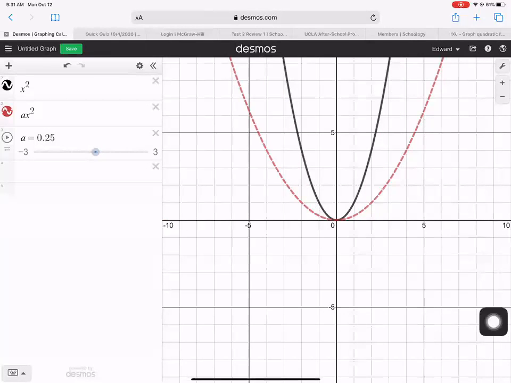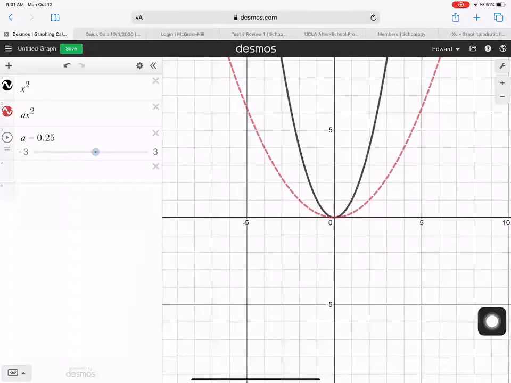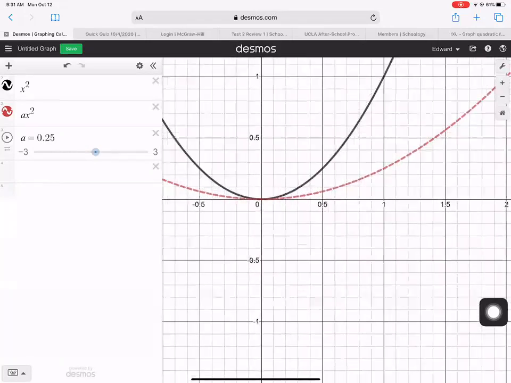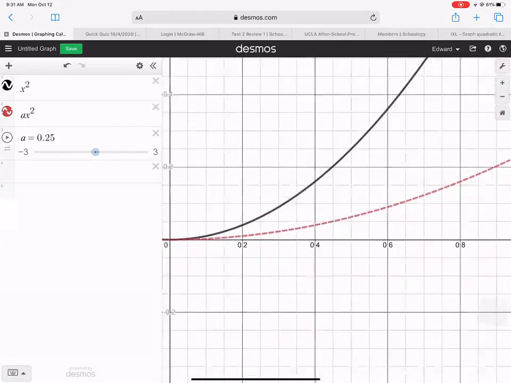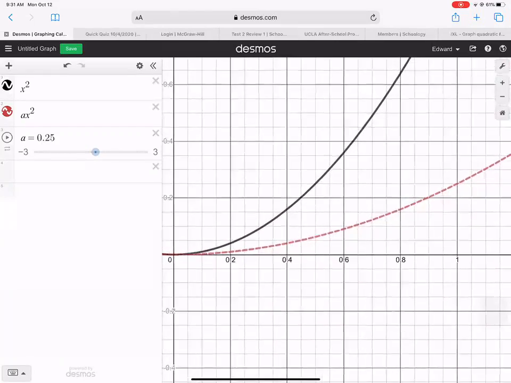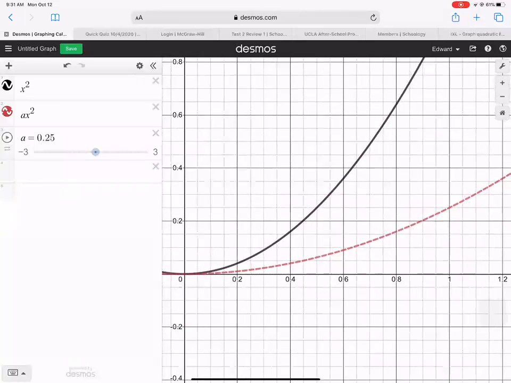So if I wrote 1/4, I'll show you something kind of cool. Look at the one step over. It does not look like a quarter of the way up. Let me zoom in for you. One step over is over here.